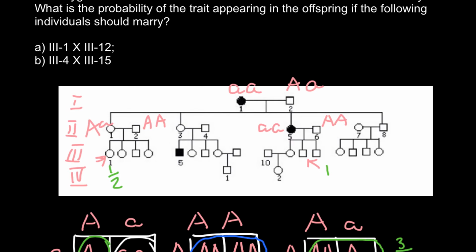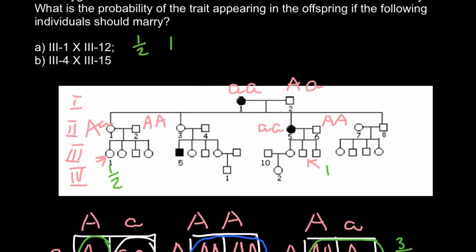Once again, final calculations would be as follows. Probability that this parent is heterozygous is 1/2. Probability that this parent is heterozygous is 100% or 1.